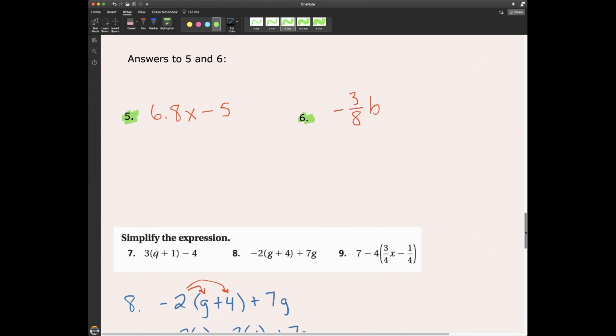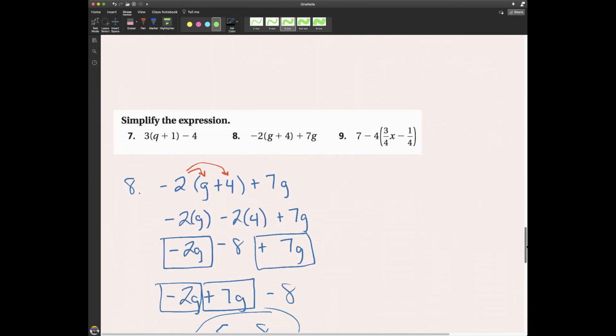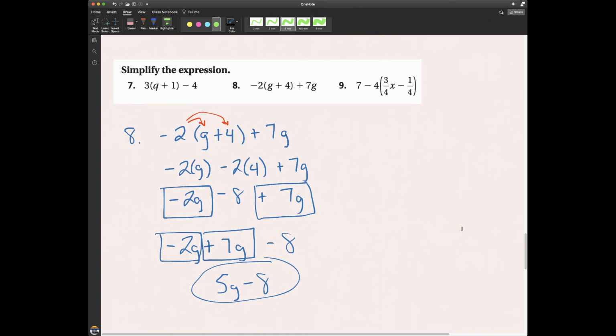Here are some other expressions that you have to do a little bit of work to at first, because notice that in these problems, I have an expression where I'm going to have to use the distributive property. Okay, so how do I use the distributive property? Those that have forgotten might remember those arrows, but basically, I'm working out problem 8.